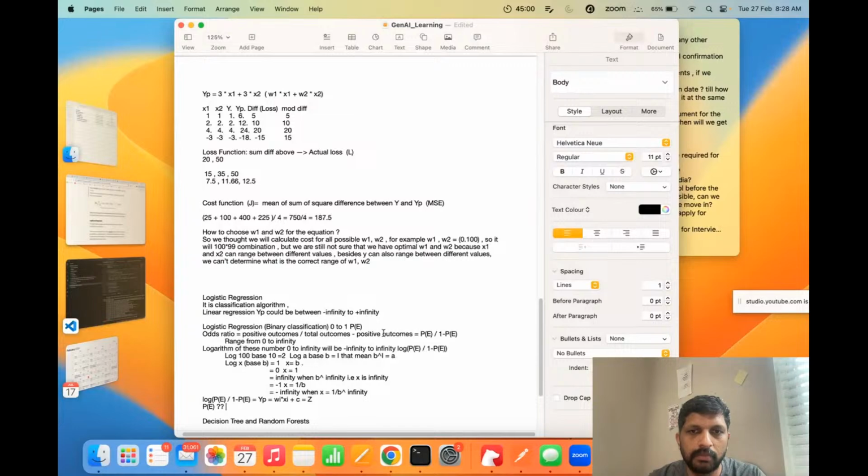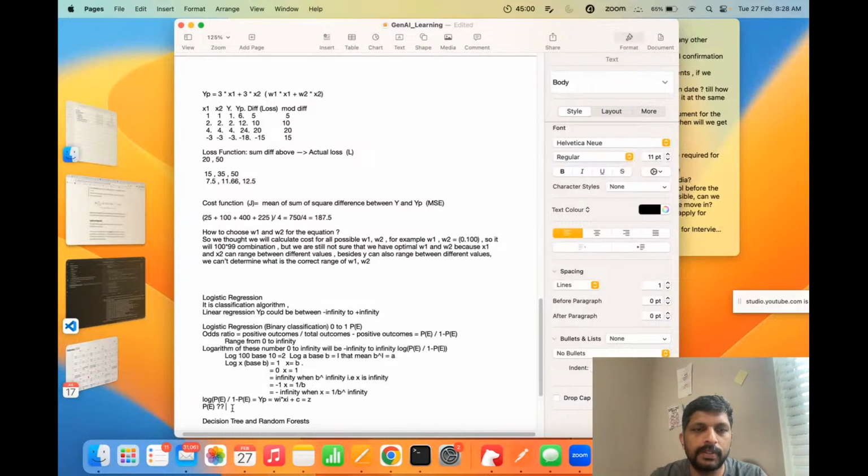Here we are using log base e, let's say. Then as per what I explained here, log a to the base b is equal to I, then b power I is equal to a. Similarly, log of some value to the base e is equal to z, not capital Z, just make it small z.